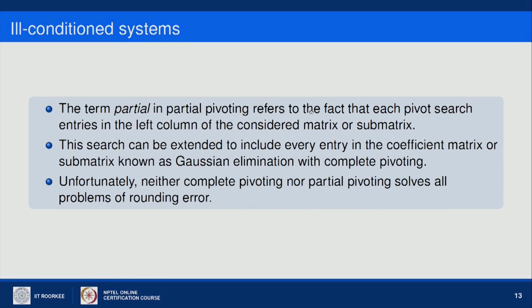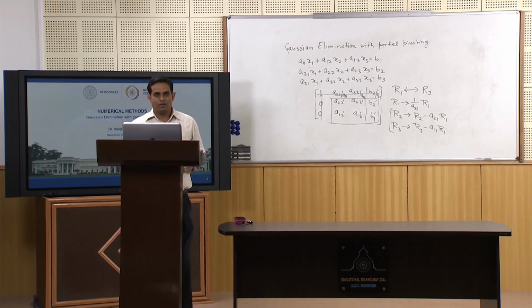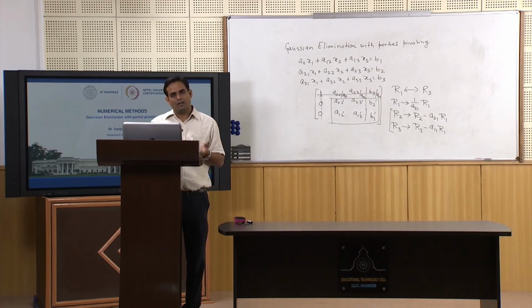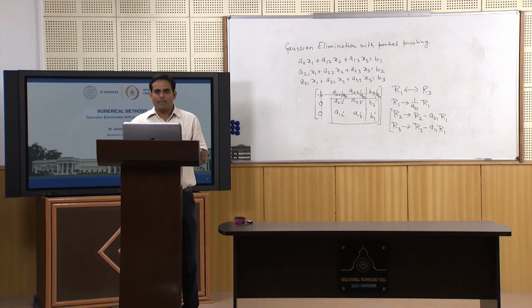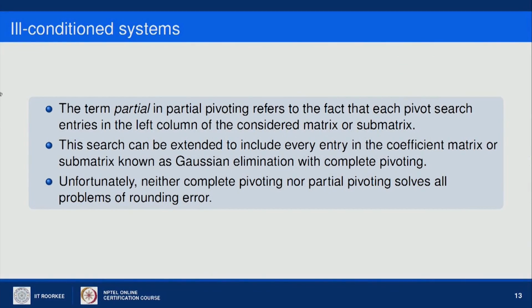So we are looking only at the first column when we go through the first pass. If instead of searching in the first column we search the whole matrix, or in the second pass the whole 2 by 2 submatrix, then the pivoting is called complete pivoting or full pivoting.